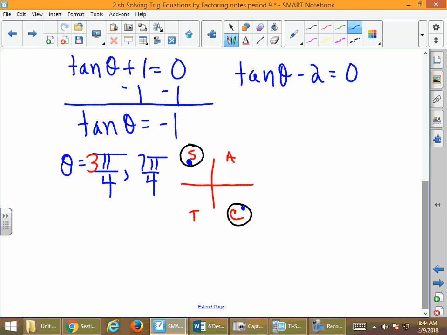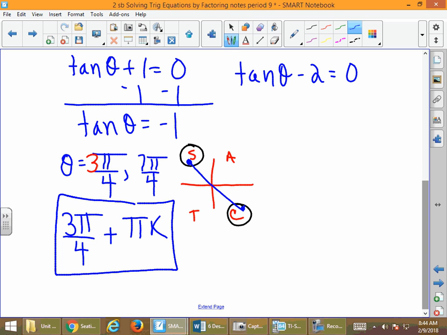And can we connect these two with a straight line, because we're finding the general formula for all of these? And what we see is that yes, even though my line's not very straight, we can connect them. And when we can connect them with a straight line, this is going to be plus pi k. But that's one factor. So let's go over here and look at the second factor.